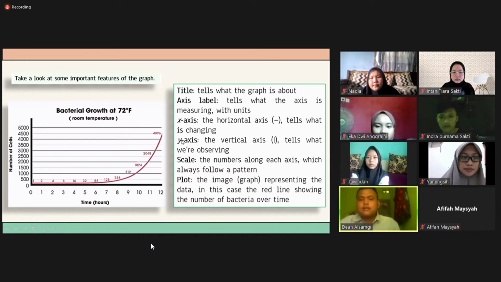And then the y-axis, the vertical axis, tells what we are observing. We are observing the number of cells, starting from 0 up to 5,000. Scale the numbers along its axis, which always follows a pattern.